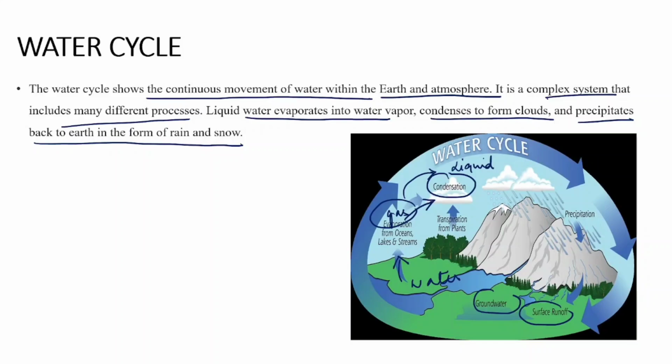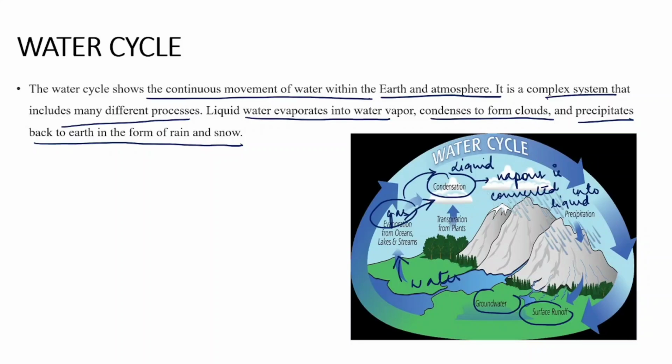So what is condensation? Here vapor is converted into liquid. The vapor is converted into liquid, isn't it? Now next what will happen? Next will happen precipitation.